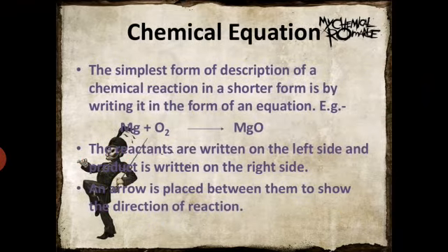Chemical equation. The simplest form of description of a chemical reaction in a shorter form is by writing it in the form of an equation.